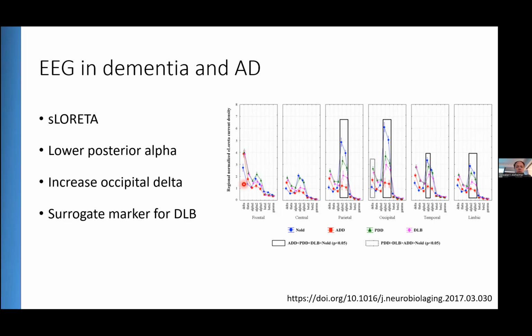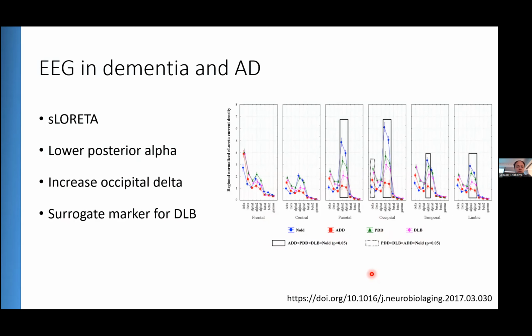So in one of those studies, they compared the normal old controls with Alzheimer's disease in red, Parkinson's disease in green, and dementia with Lewy bodies in pink.